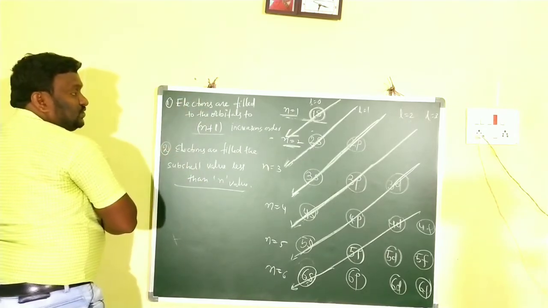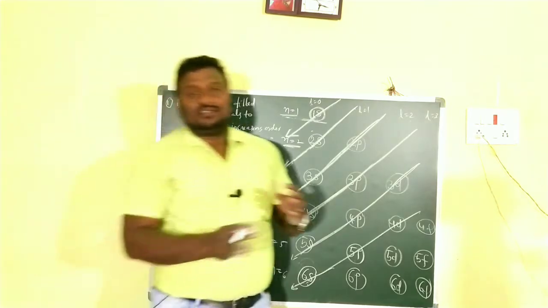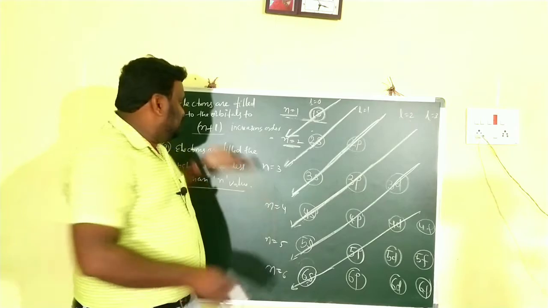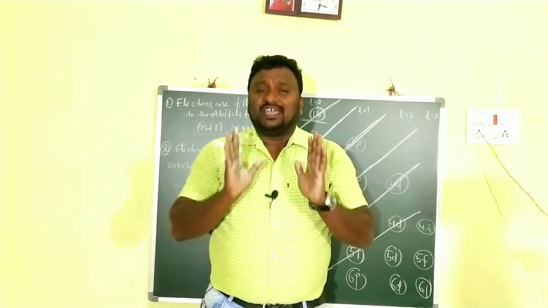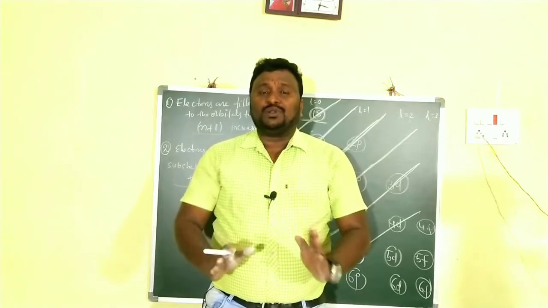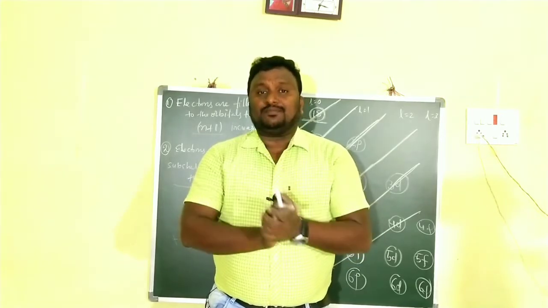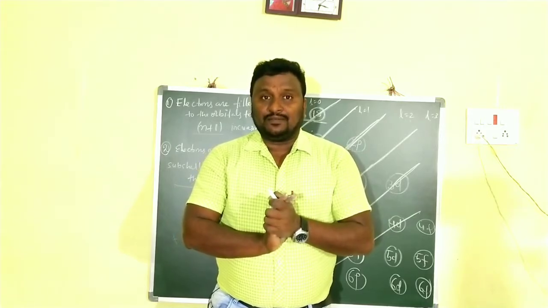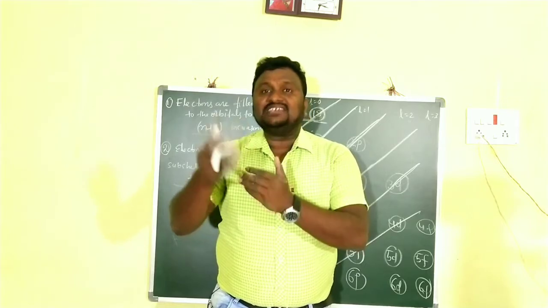Clear? So to understand very simply, if you get confused about these two rules, simply remember that according to the Aufbau principle, first we have to fill the lowest energy level. After that we fill every electron in increasing order.